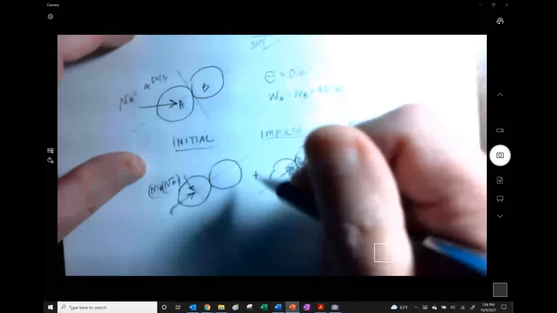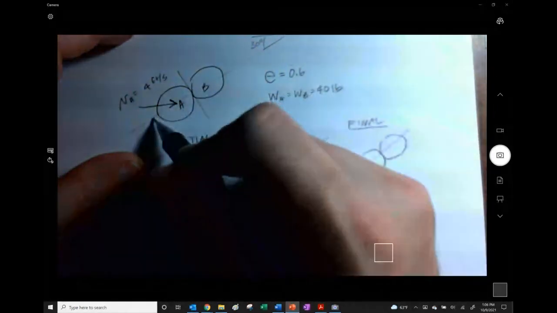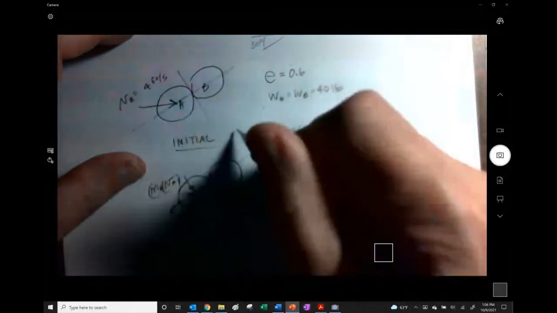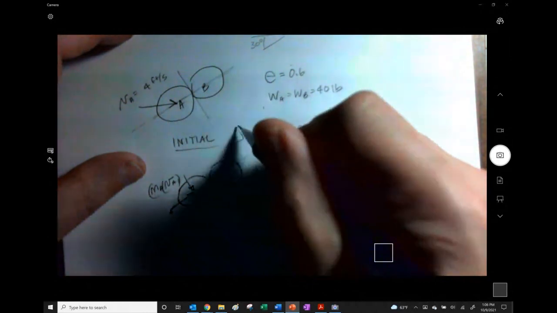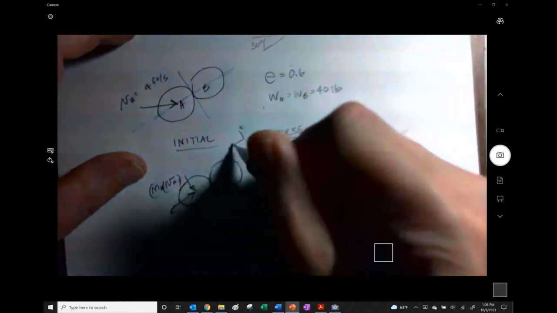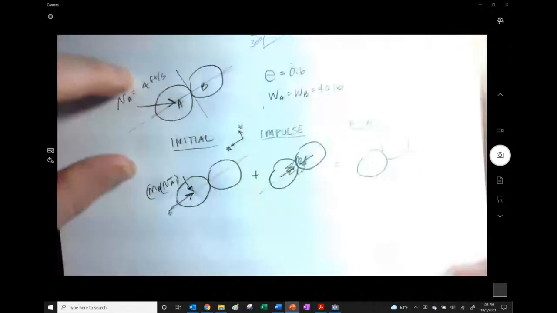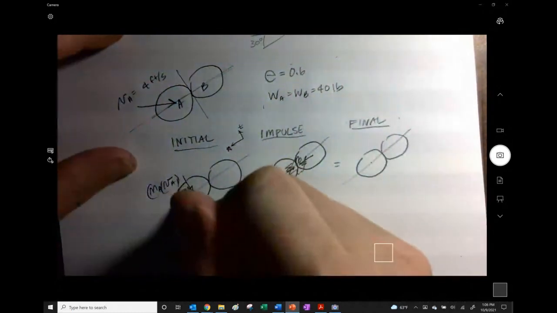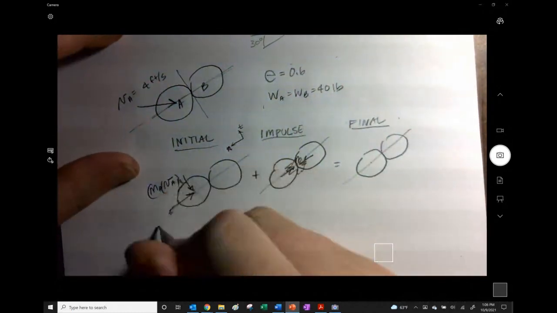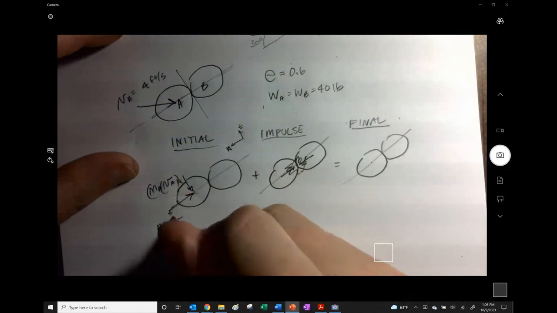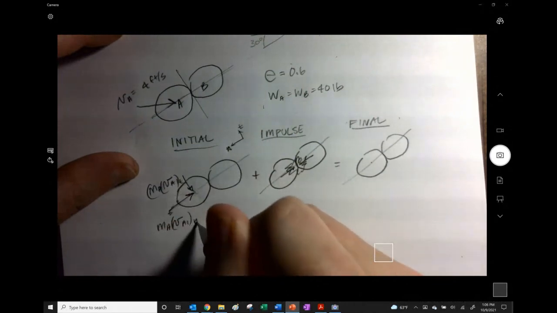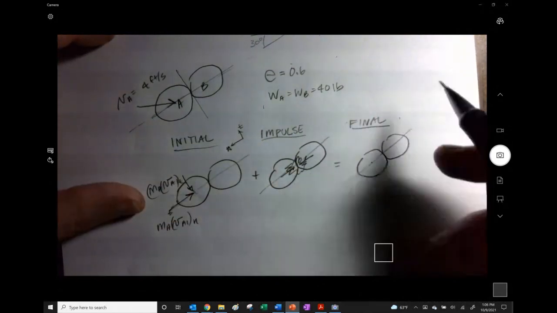All right, I should define the coordinate system, right? I should draw that in here. So here is the normal right here, and here's the tangential. I'm going to decide that this is the tangential and this is the normal direction. The one I'm drawing here is the tangential, and then it's going to be mass A times the velocity of A1 normal right here.